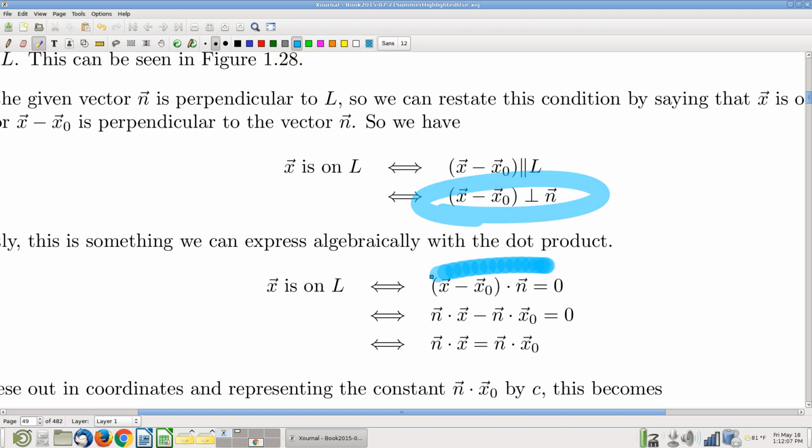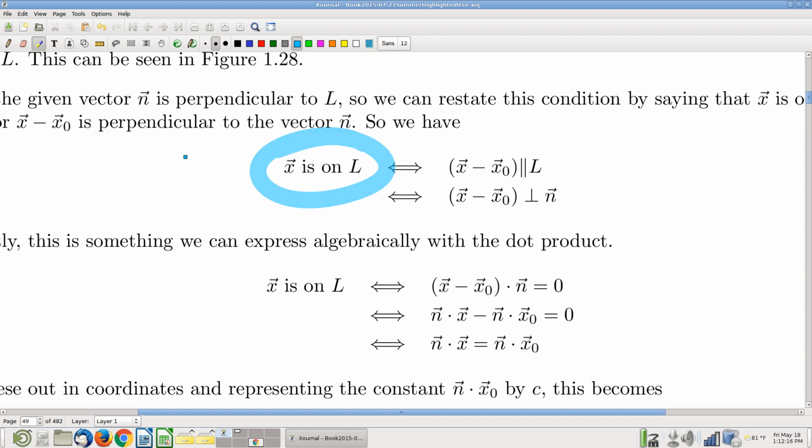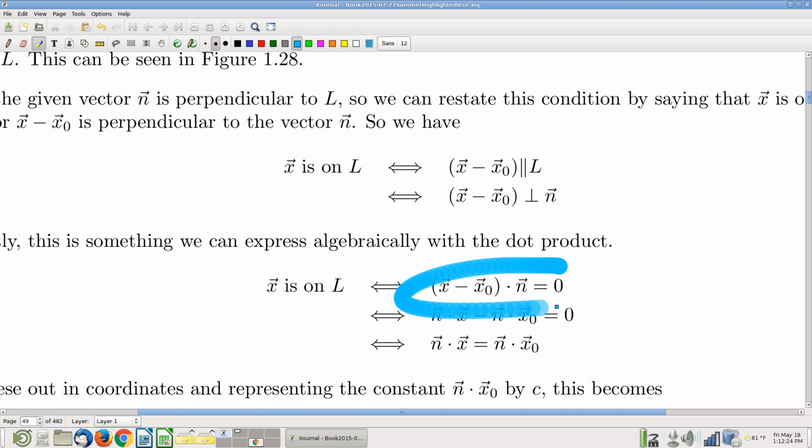Perpendicular to n means the dot product is equal to 0. Right, so this is a slick move. Notice that we started off with a geometric statement, and I've changed it to a statement about parallelness, and then to a statement about perpendicularity, and that allows me to rewrite it as a statement about dot products, which is algebra. Right, so I've successfully changed a geometry statement into an algebra statement.